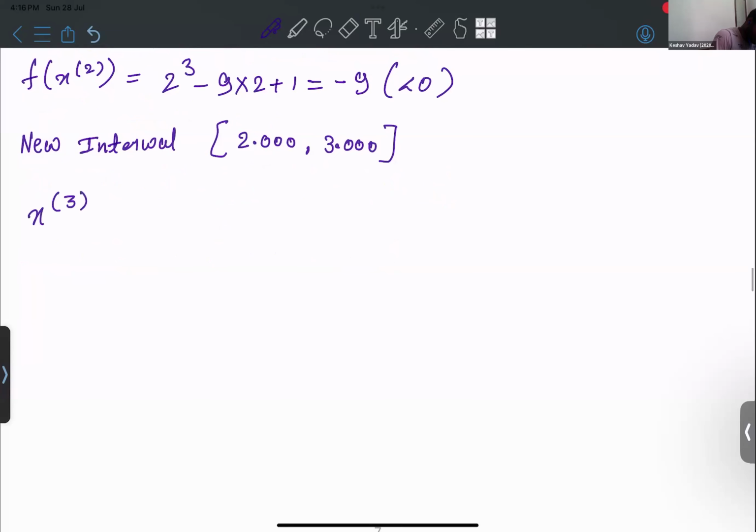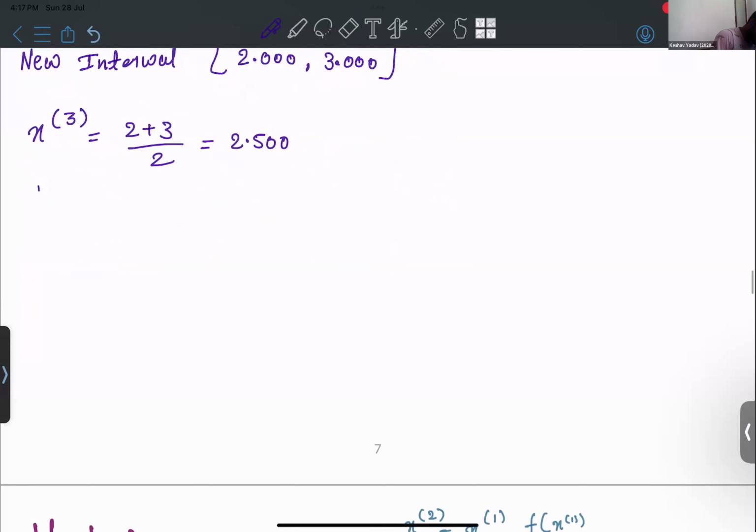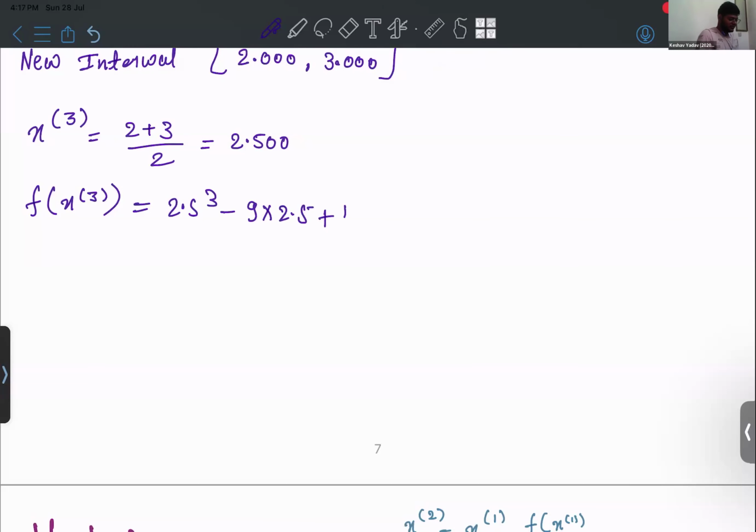Now what will be the x at the third iteration? 2 plus 3 divided by 2. This will give me 2.500. Now we need to find the function value at this. So x at the third iteration: 2.5 cube minus 9 multiplied by 2.5 plus 1. Let me do the calculation.